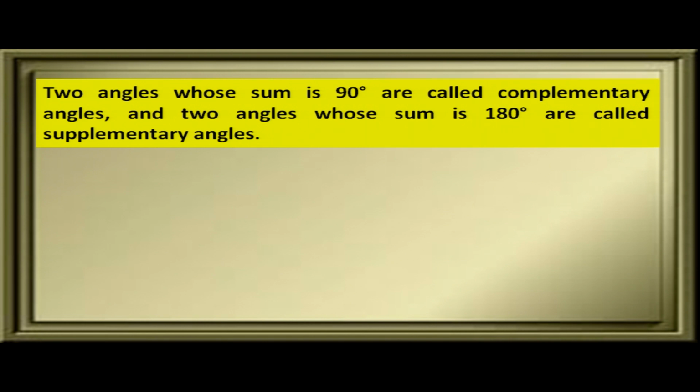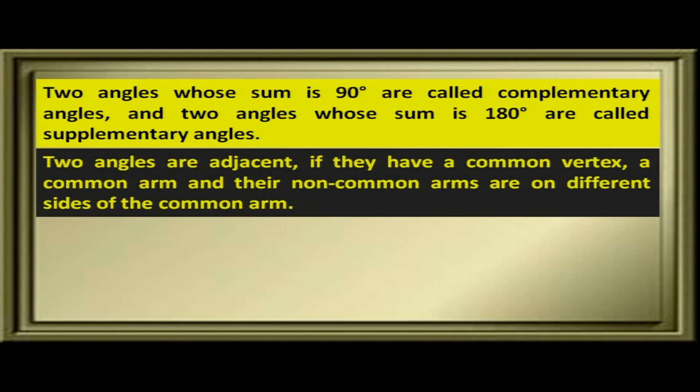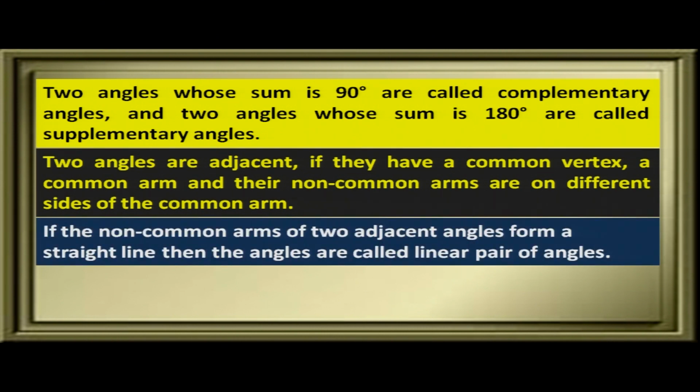called supplementary angles. Two angles are adjacent if they have a common vertex, a common arm, and their non-common arms are on different sides of the common arm.